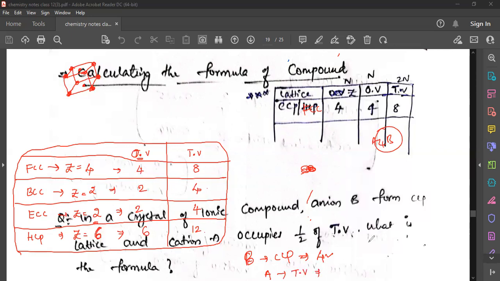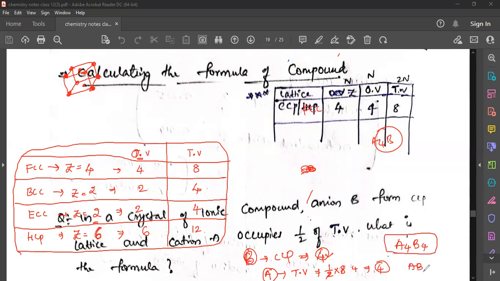How many tetrahedral voids will be there? 8. But are all the 8 occupied or only half? Only half, 4. That means A atoms are occupying 4 spaces. So A we got as 4 and B we got as 4. That means A4B4 is the formula.